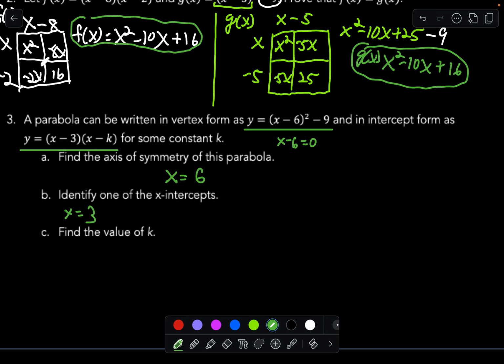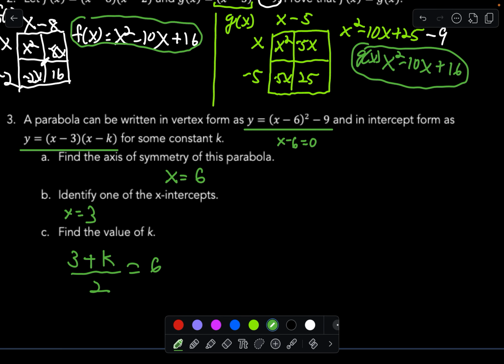Well, we have enough information because we know k is the other 0 of the parabola, the other x-intercept, and we know that the vertex is located directly in the middle of those two. So if we find the average, 3 plus k divided by 2, that's got to equal the x value, or the axis of symmetry, which is 6.